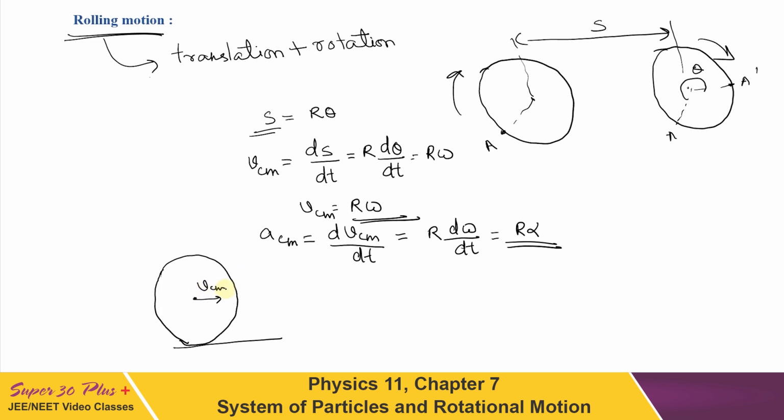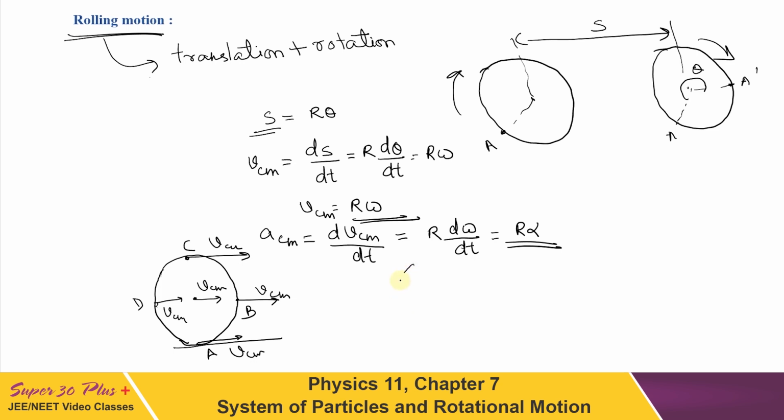As the center of mass is translating, of course with it all the particles, let us consider these points, which I am now denoting as A, B, C and D, will translate with the center of mass with the same speed VCM, because all are parts of this rigid body. So all must be having the same translational motion. This was pure translation, where the center of mass and along with it the whole body is translating.